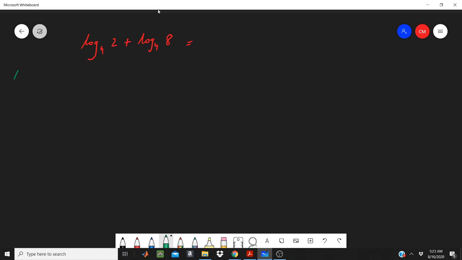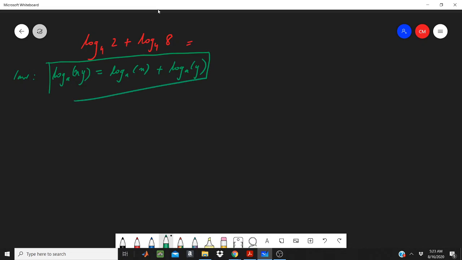The law is this: log a of xy equals log a of x plus log a of y. Okay, just remember this. So we can use this in reverse as well.